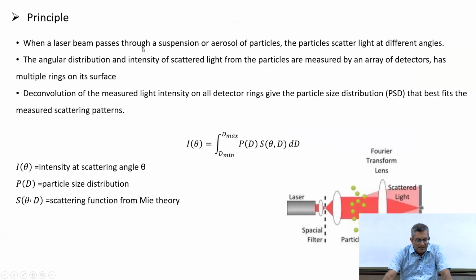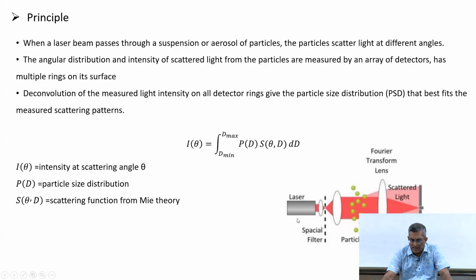When a laser beam passes through a suspension of aerosol particles, or inertial particles, you can say, the particles scatter light at different angles. Now you do not have one particle, you have many particles, and the angular distribution and intensity of scattered light from the particles are measured by an array of detectors which has multiple rings on its surface.